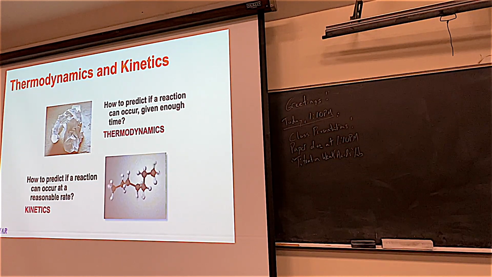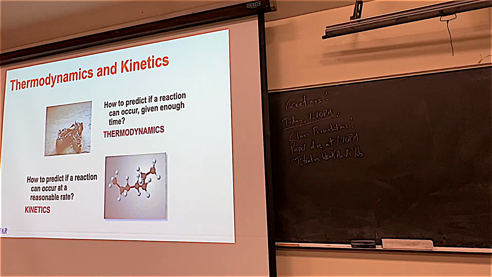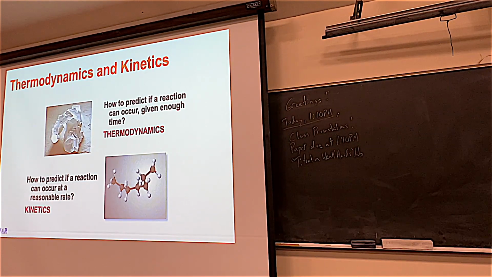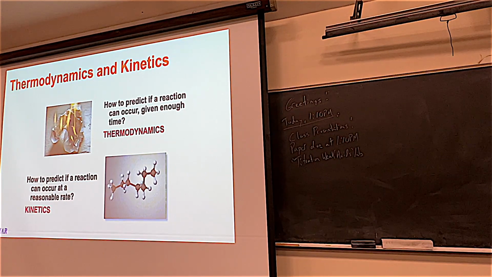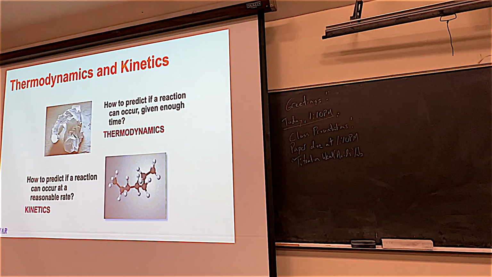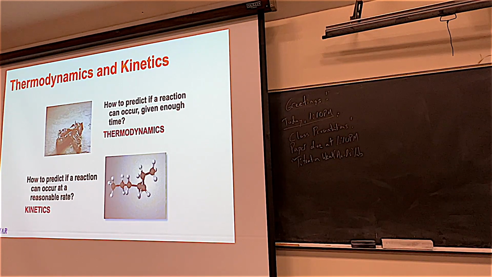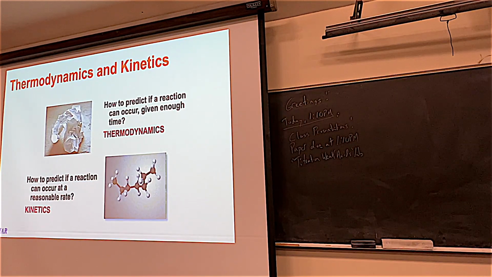So for example, paper will burn, absolutely. Thermodynamics wants it to burn. However, thermodynamics doesn't say anything about the time it takes for a reaction to occur. So the paper isn't probably going to spontaneously combust right now, but it will given enough time.